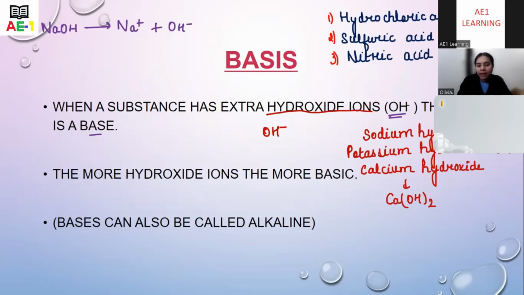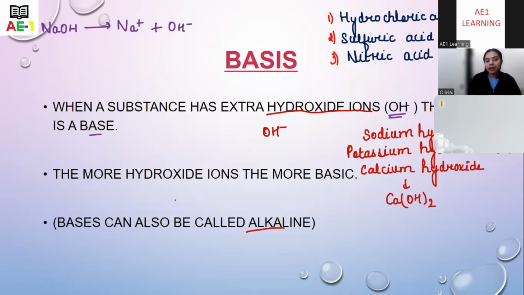And also we can call bases alkaline. So whenever a substance has extra hydroxide ions, represented as OH negative, we call them bases, and the number of OH ions present in the solution represents the level of its basicity, how basic it is.